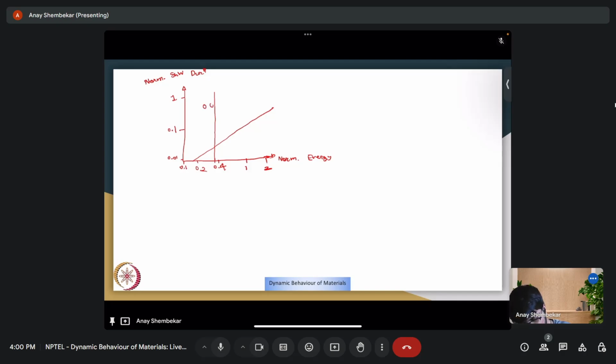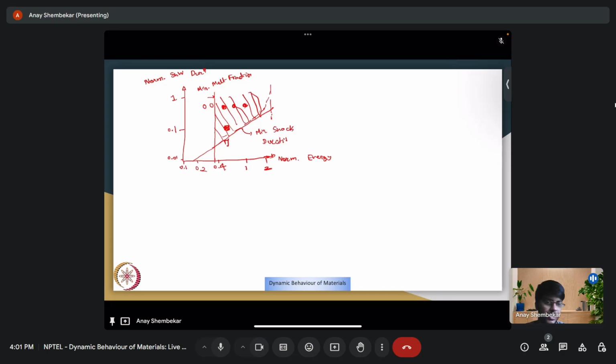So you have, this is the minimum melt fraction, and this is the minimum shock duration. So this is the region that we expect good consolidation to happen, and the shaded regions are basically regions where consolidation happens, and the hollow regions are where consolidation is not good.